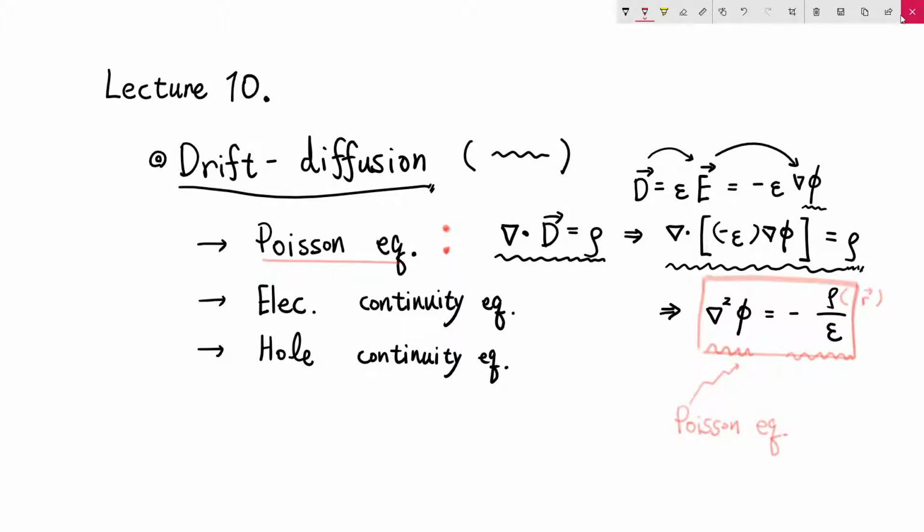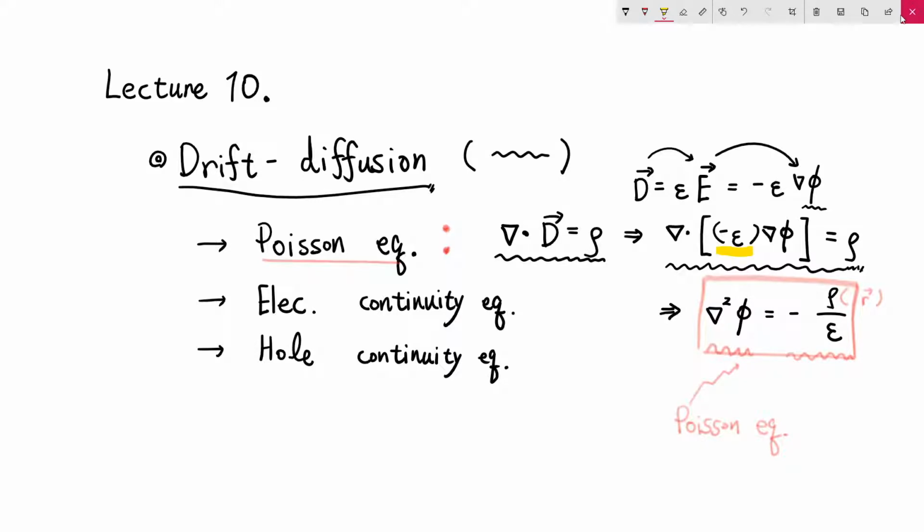It was really the Poisson equation. However, after that, we now consider an insulator. If we introduce an insulator, of course, this epsilon is now much different from that of silicon. So no longer can we pull this epsilon out from this spatial derivative operator.